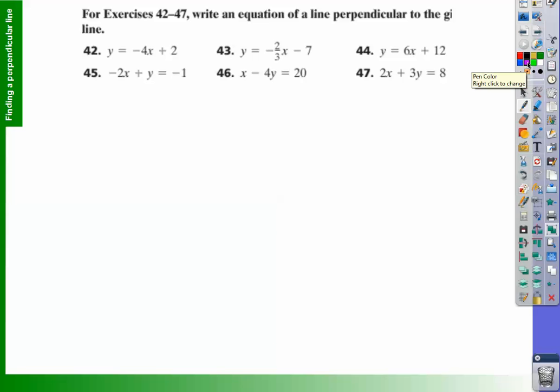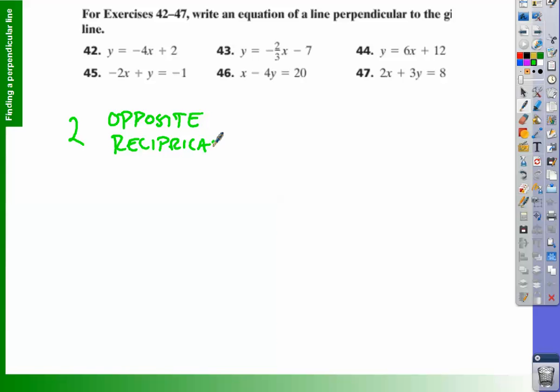So for example, if I had a slope of 2, the opposite reciprocal would be negative 1/2, because the opposite of a positive is a negative, and the reciprocal of 2 is 1/2.